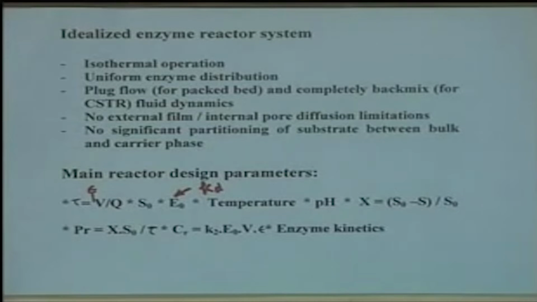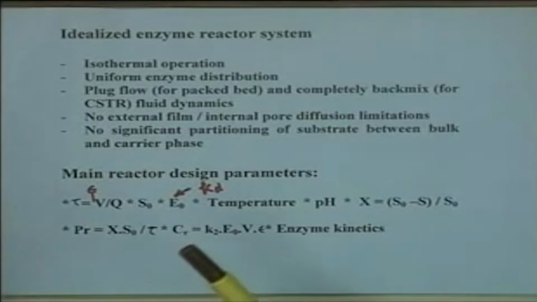That means, you have one of the extreme fluid dynamics in the reactor system, either it is plug flow motion or it is completely back mix, nothing in between. And that is what we have assumed, and there are no mass transfer limitations and no significant partitioning of substrate between bulk and the carrier phase. These were the basic assumptions which defined our ideal enzyme reactor.